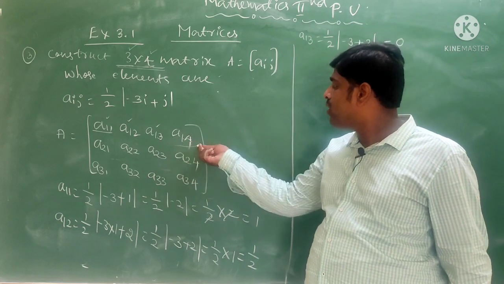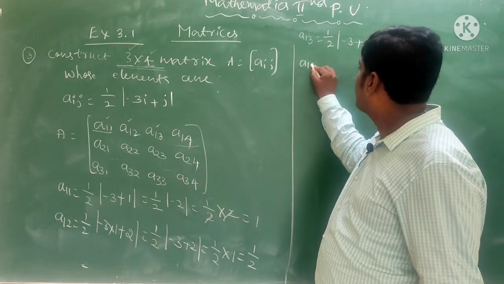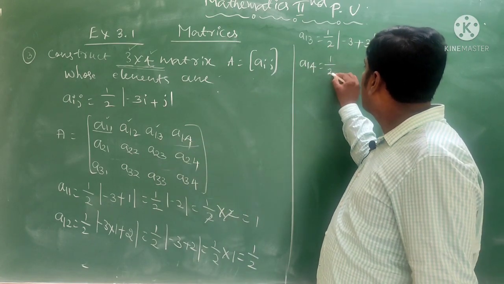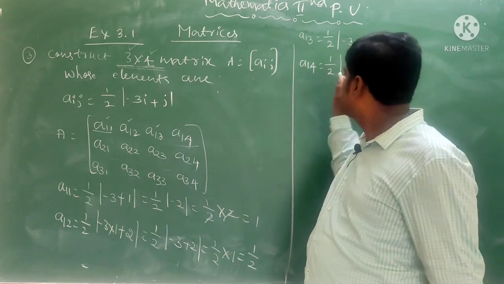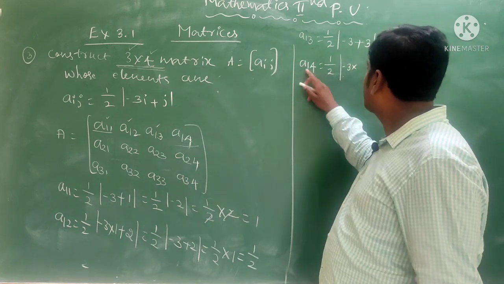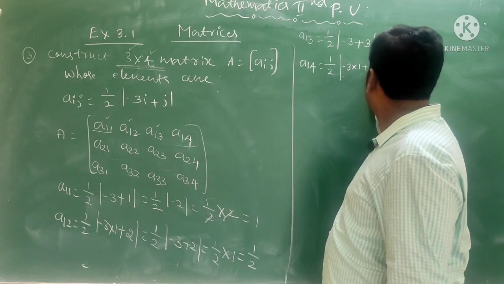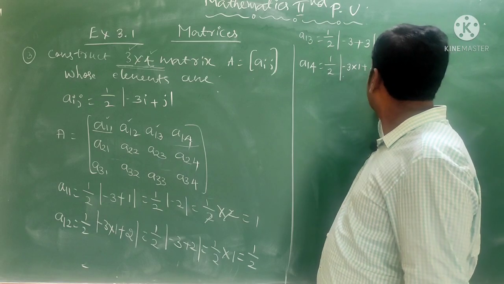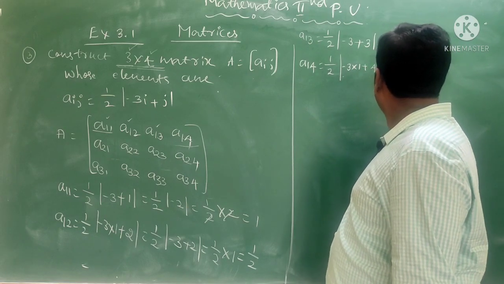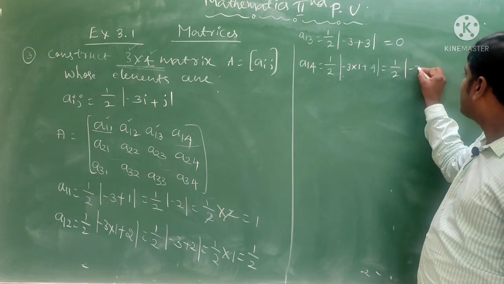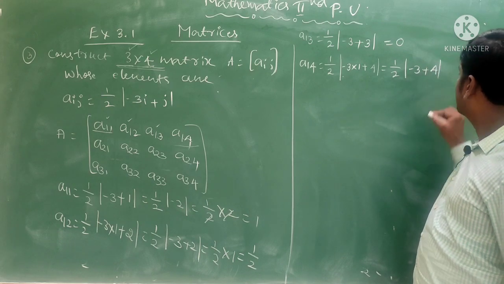Next, A14. A14 is equal to 1 by 2, that is minus 3 into 1 plus j value is 4. So that is 1 by 2, 3 ones are 3, minus 3 plus 4.